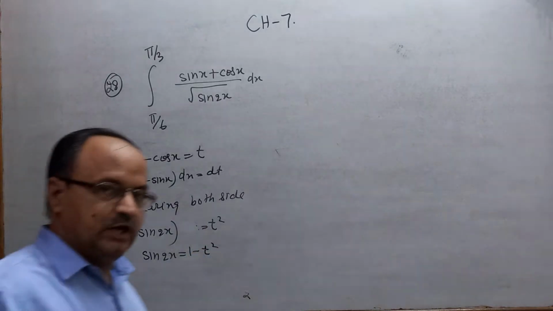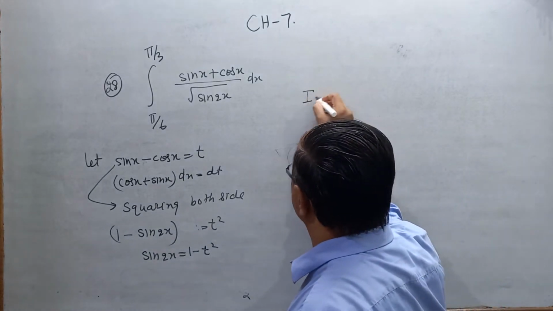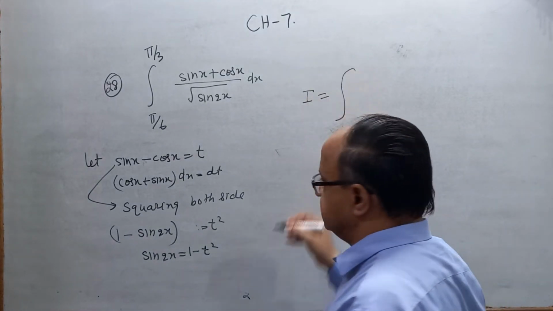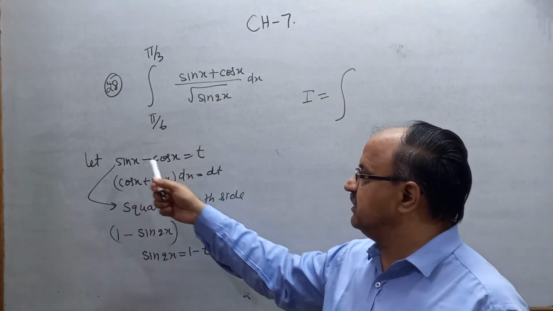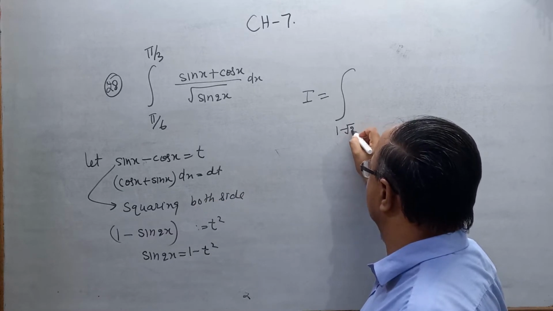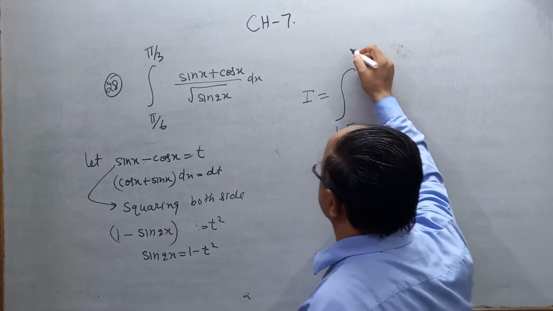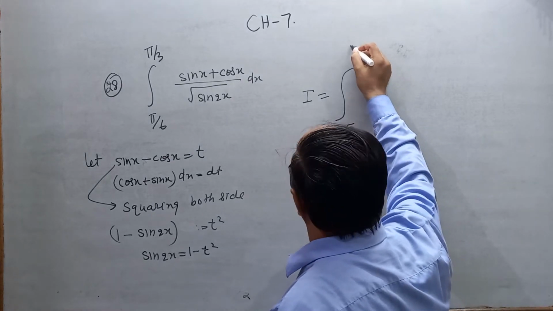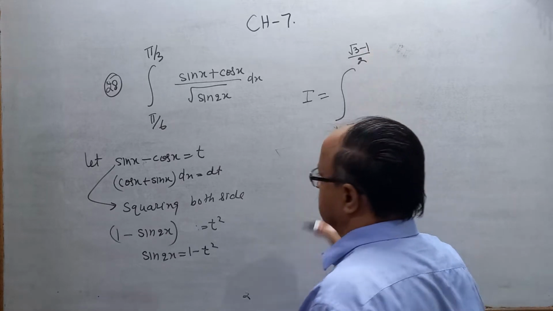Now put these values in the question. I is equal to, and change the limit also. Then you put here pi by 6, sin 30, that is 1 by 2, and put pi by 3, that is sin 60, root 3 by 2. Clear?